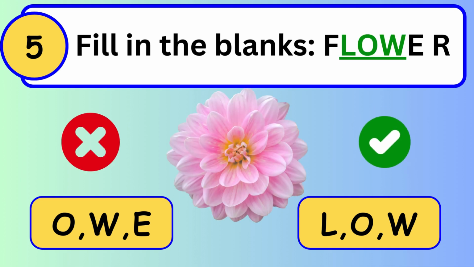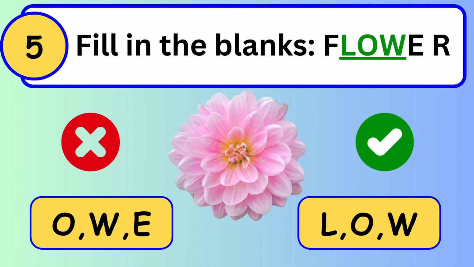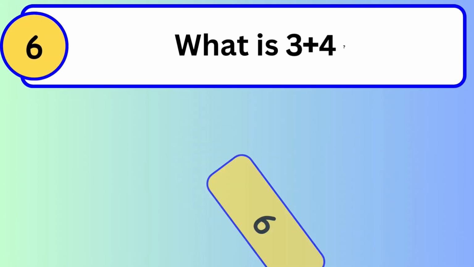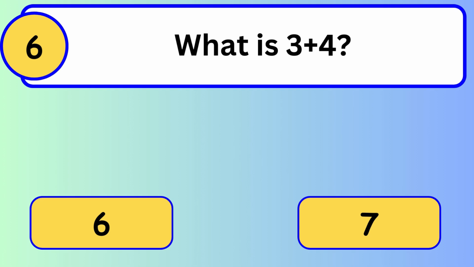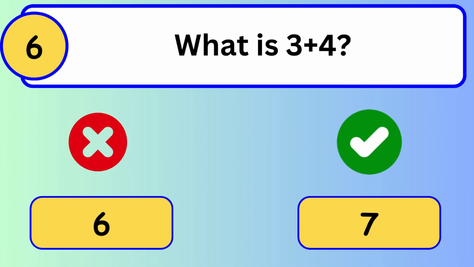F. L. O. W. E. R. Flower. What is 3 plus 4? Seven. 3 plus 4 is equal to 7.